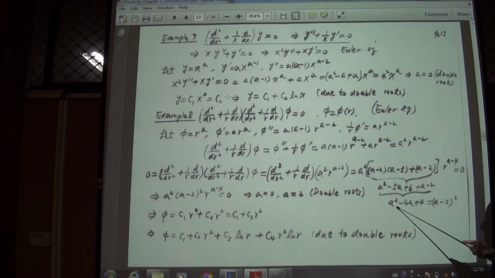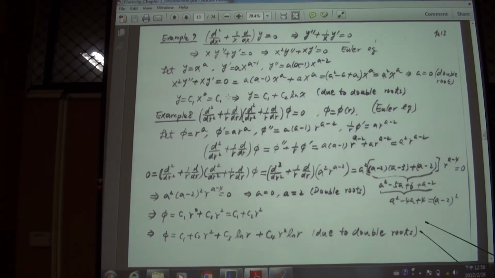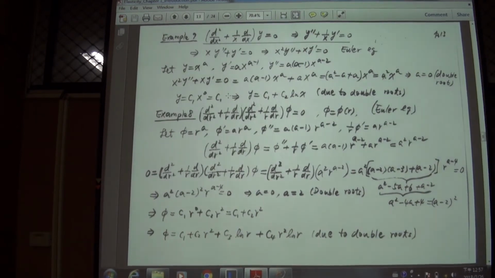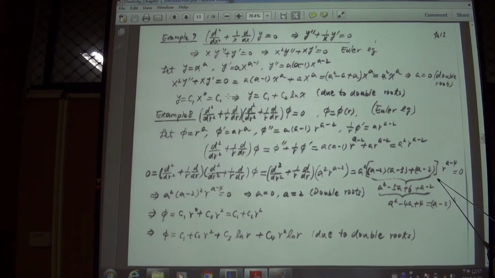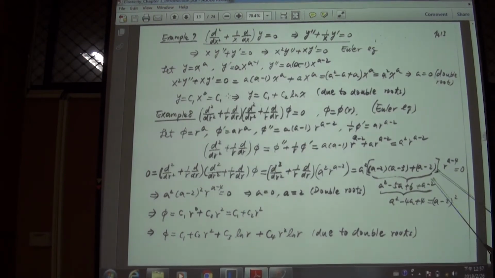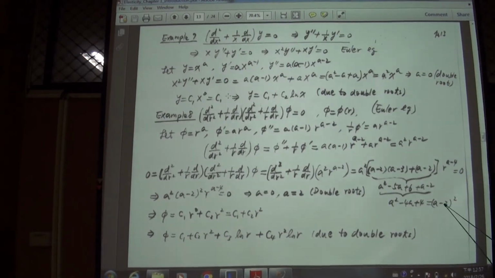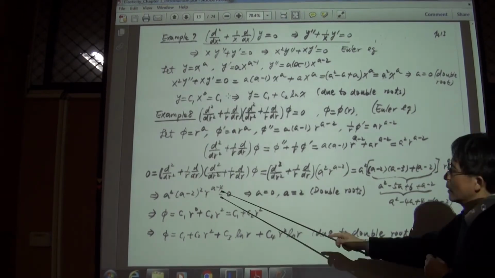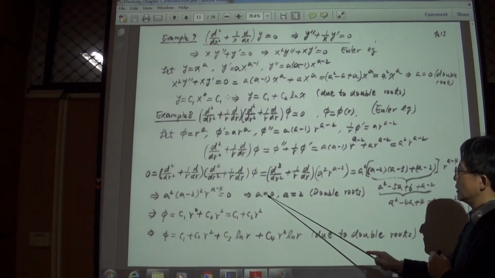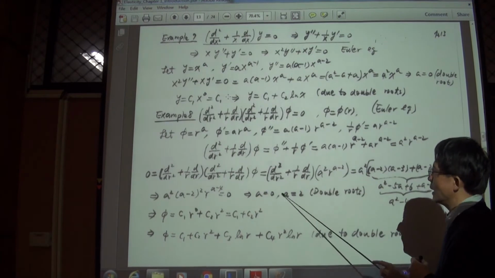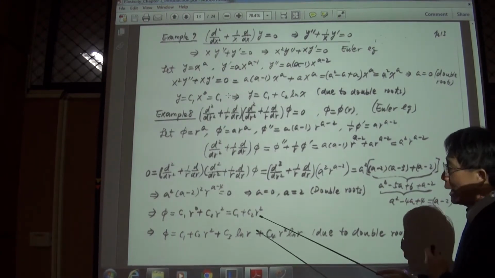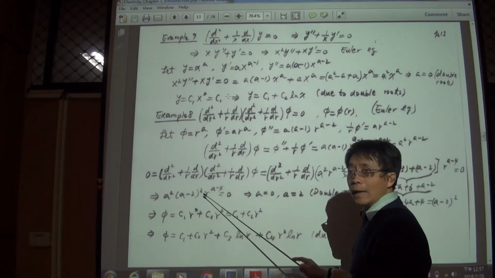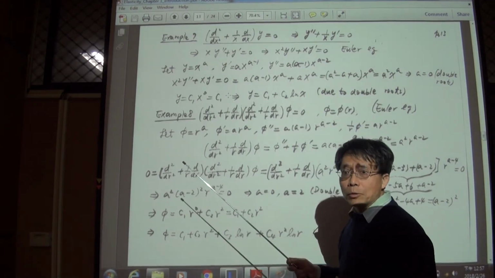So this whole thing equals 0, and the whole thing equals 0. So this equals 0 and this equals 0. a equals 0 and a equals 2. But here we have a squared and (a-2) squared, so we have double roots again.